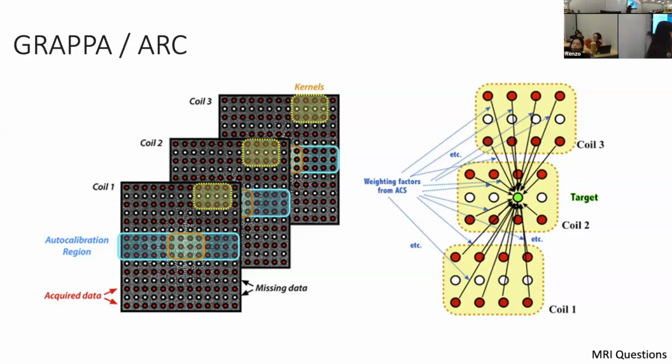And you can kind of see this here. So let's say each of these little squares is a zoomed in version of what we're seeing here. And we're going to use all the points that we have in order to try to fill in the point that we're missing. And we'll do this for every point that is missing. Okay.